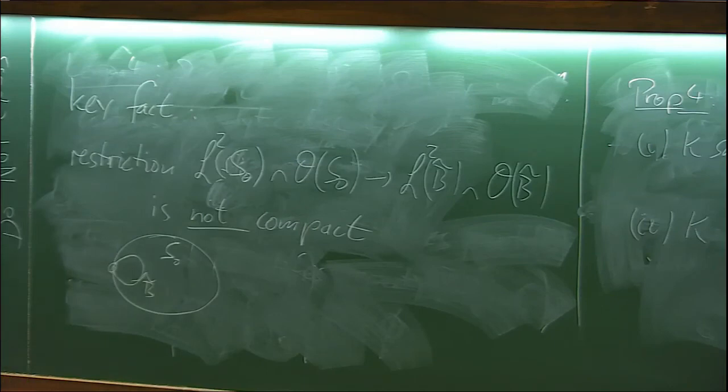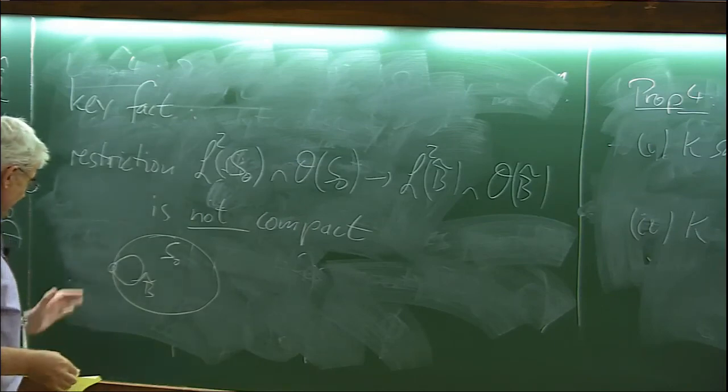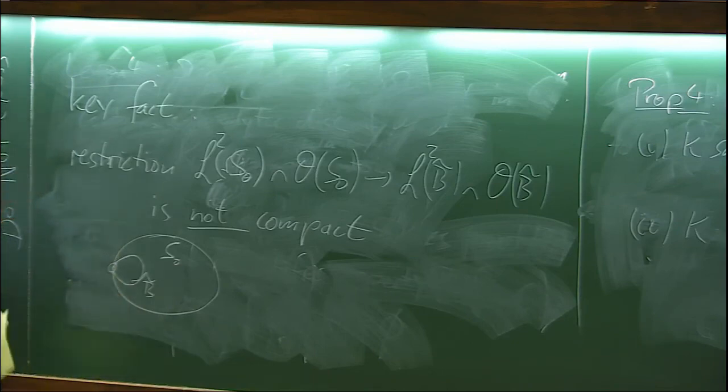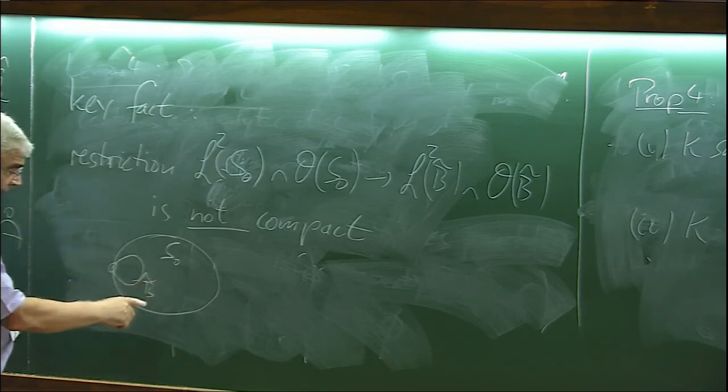And now, why do I say that if we make things flatter here, that is the S0, if I make it more flat, this goes in the wrong direction? This makes the restriction more likely to be compact. Well, when is this restriction compact? The extreme case is when B tilde is relatively compact inside S0.